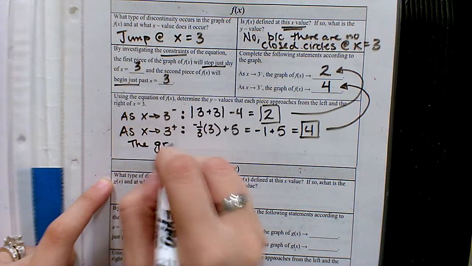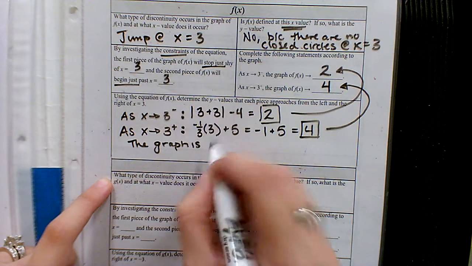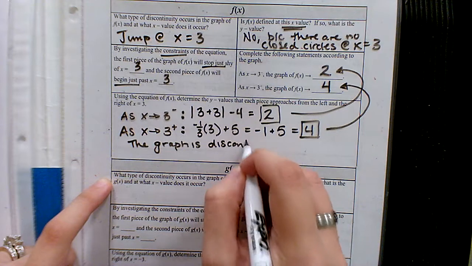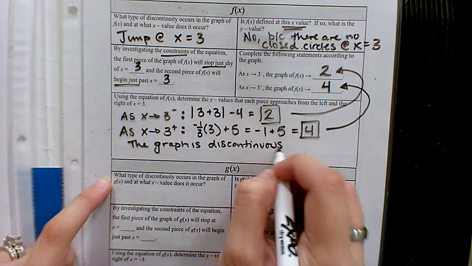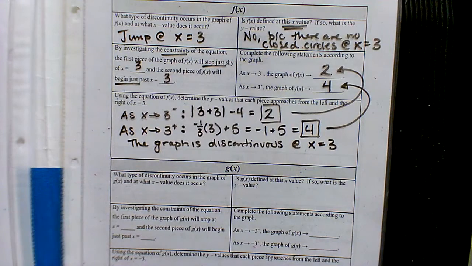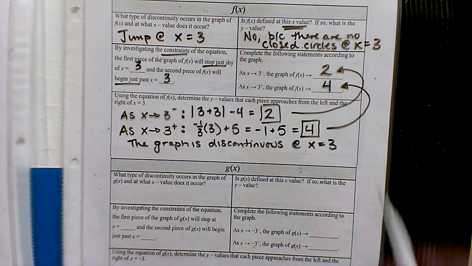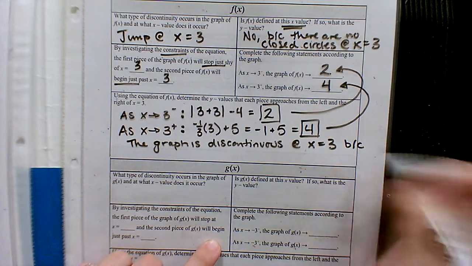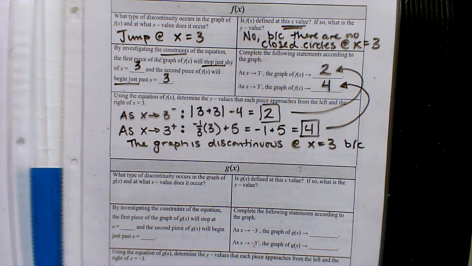The graph is discontinuous at this x value of 3, okay, where one graph ends and the other one begins, because why?